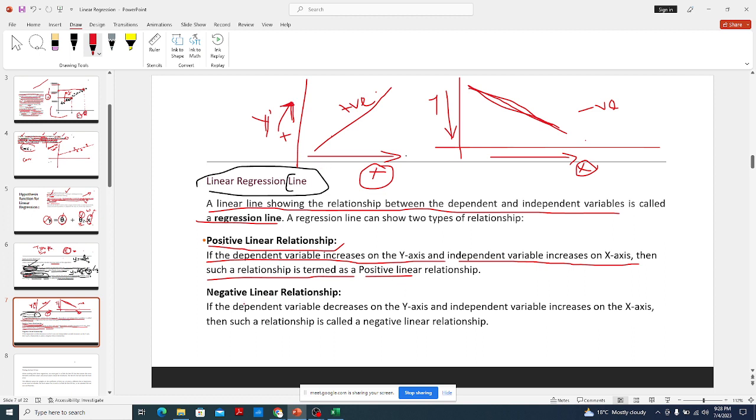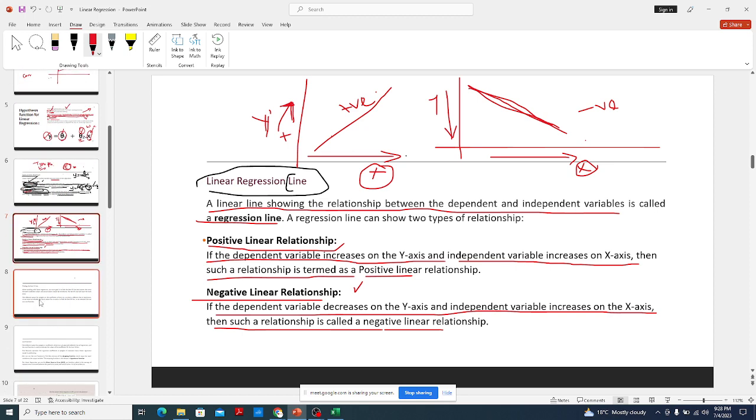Then the negative linear relationship: if the dependent variable decreases on the y-axis and the independent variable increases on the x-axis, then such a relationship is called a negative relationship. That is, as x is increasing and y is decreasing, this becomes a negative linear relationship.